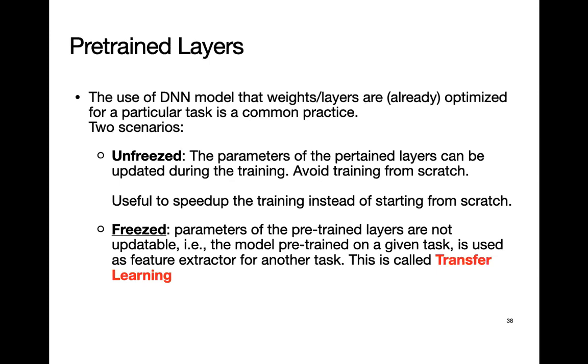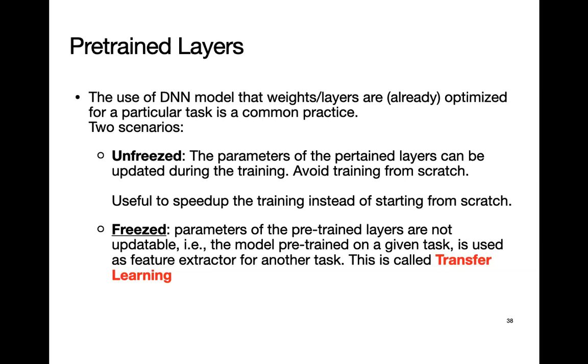Those are the layers where the weights were already optimized before, and this leads to a variety of possibilities. We have these pre-trained layers in two modes. We have the unfreeze mode, where you have your weights, you load them, and they are pre-trained.